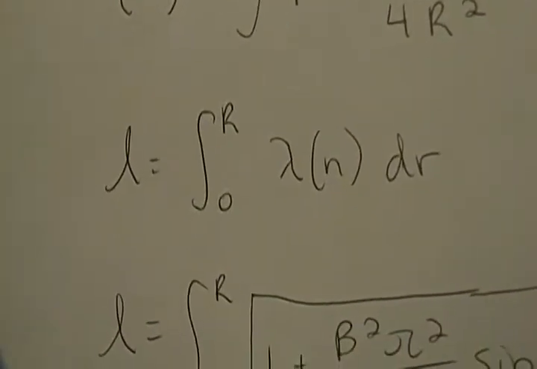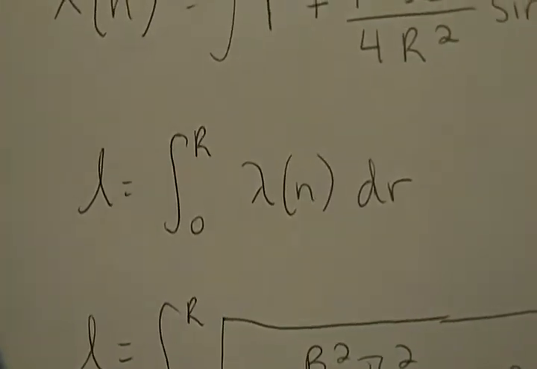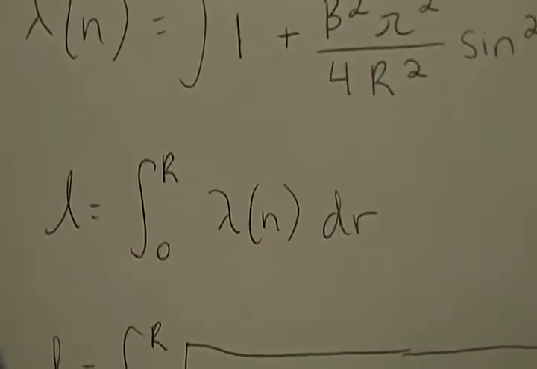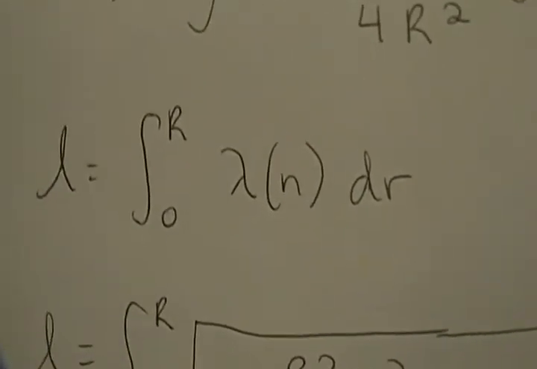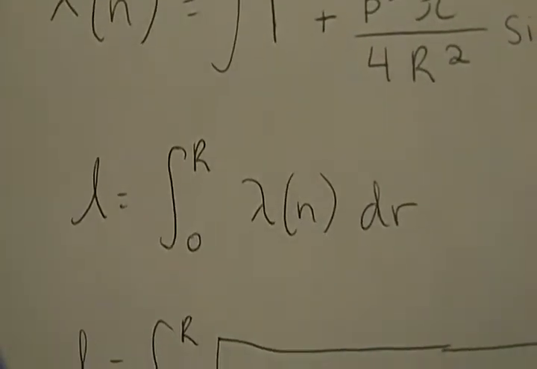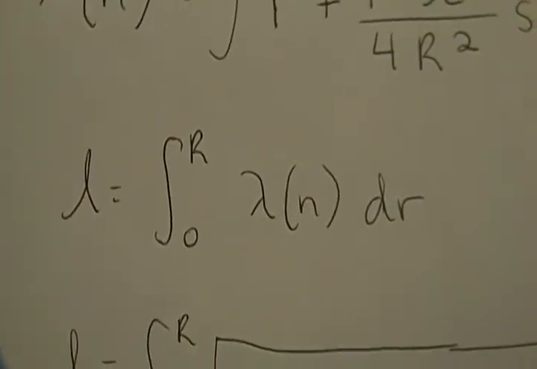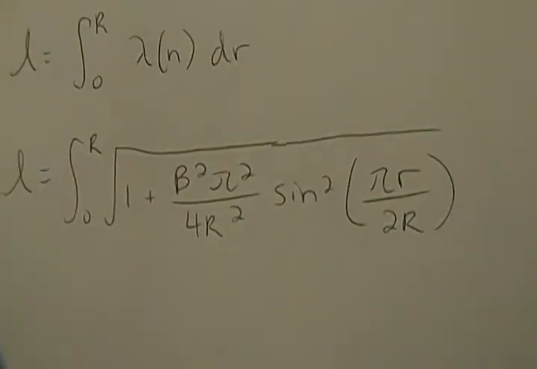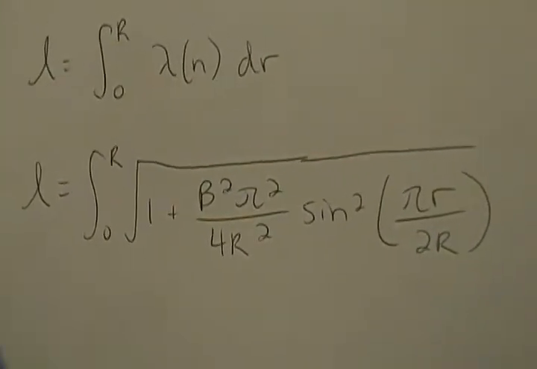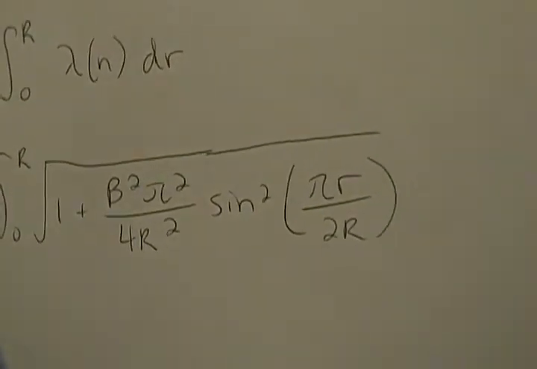The deformed length can be defined as the integral from 0 to r in the radial direction, so that's from the center of the circle out to the edge of the circle, of this stretch. This is because the stretch changes over the radius of the circle. It is not constant, so therefore it must be integrated. This integral then looks like this, where the deformed length is equal to the integral from 0 to r of the stretch that we just explained, dr.